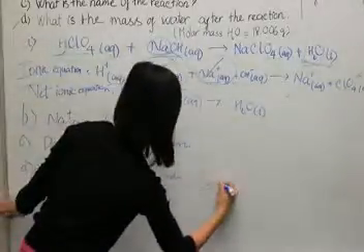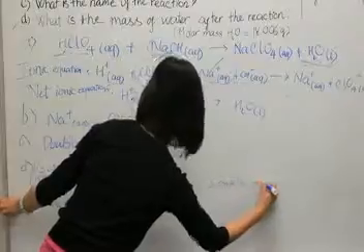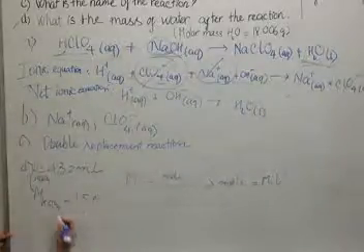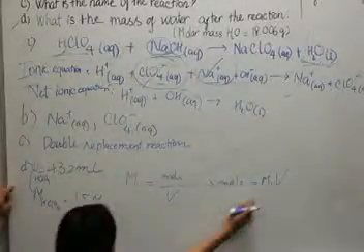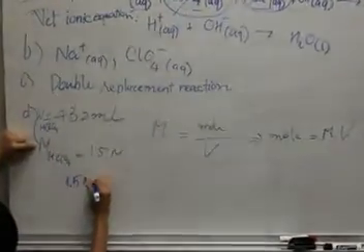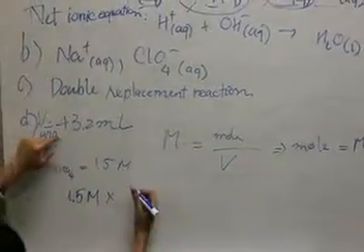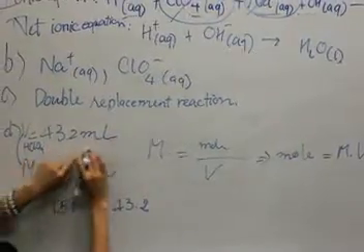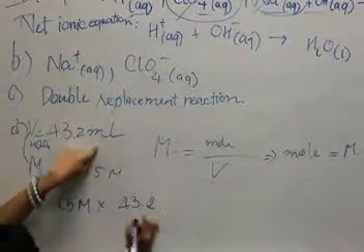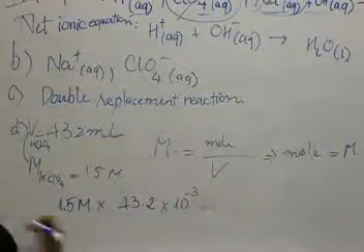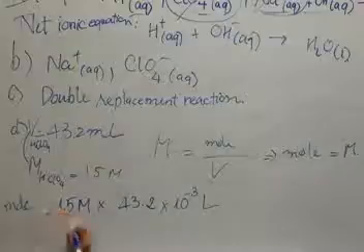So my moles are going to equal molarity times volume. My molarity of the acid is 1.5, and my volume is 43.2, because here it is in milliliters, so I need to convert into liters by multiplying by 10 to the negative 3 liter to find the moles.